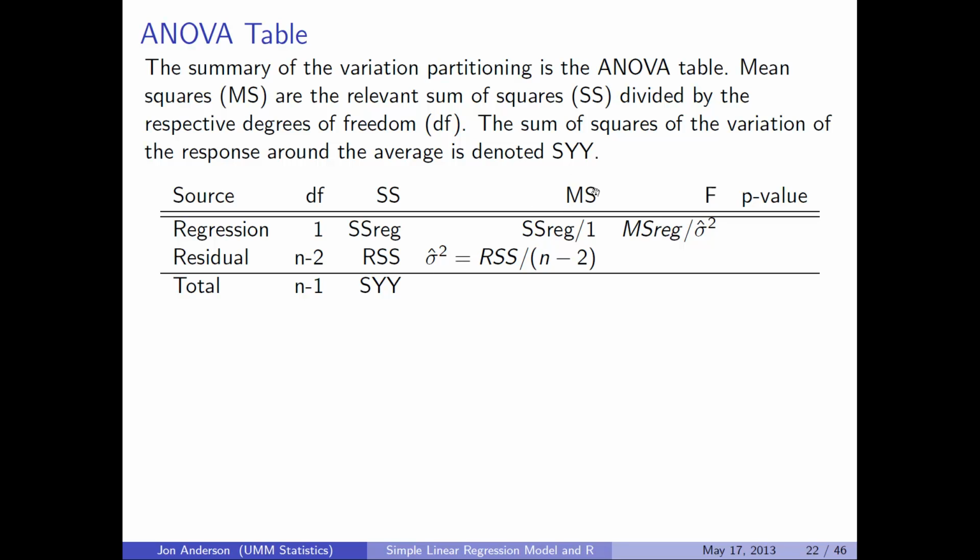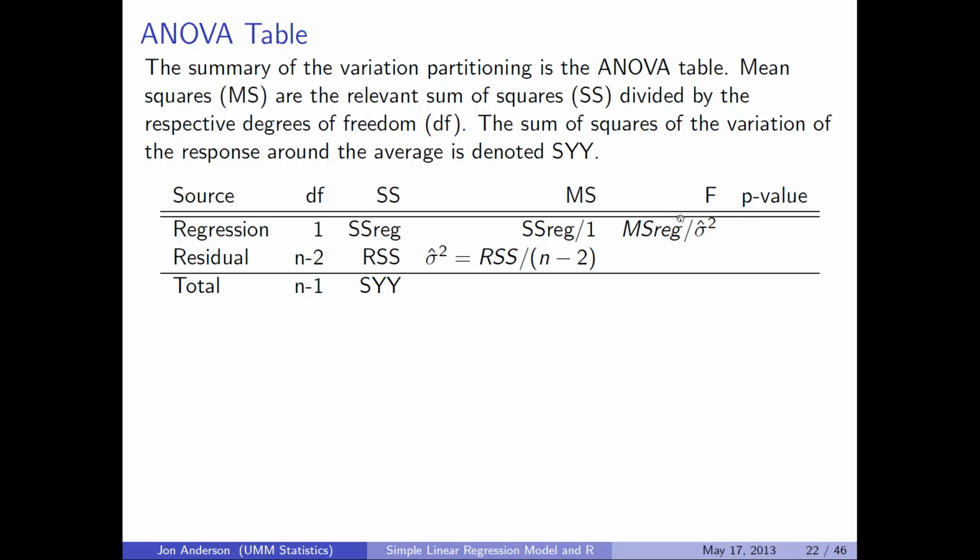So for the mean square for residual, it's just the residual sum of squares divided by n minus 2. And that forms a mean square. And then finally there's going to be a test statistic involved, F, which is going to be the division of the two mean squares. The mean square for regression divided by the mean square for residual.